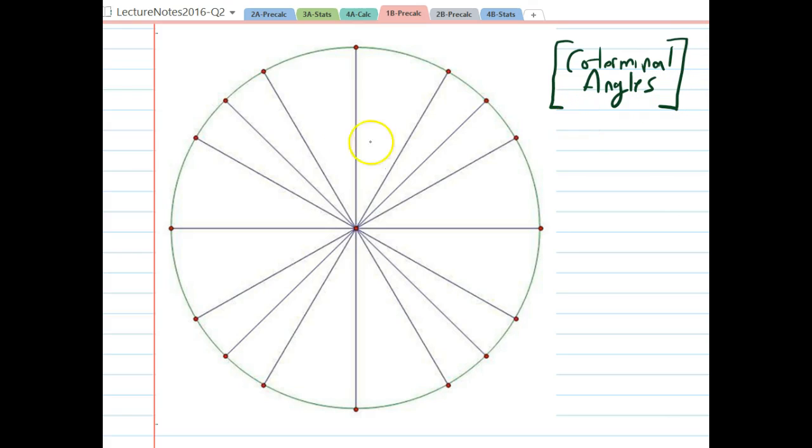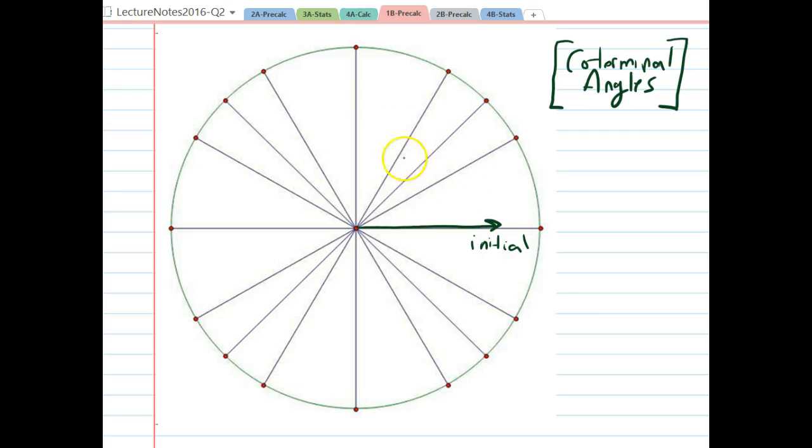But coterminal angles basically are angles where the rotation away from the x-axis ends up at the same spot along the unit circle. And what I mean by that is we're saying that this is going to be the initial side of my angle. It's always resting on the positive x-axis.